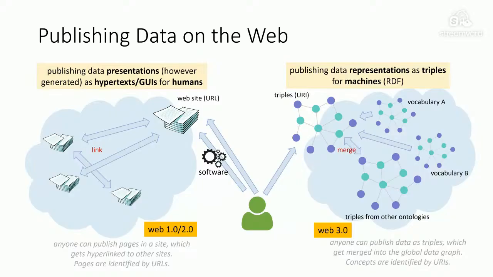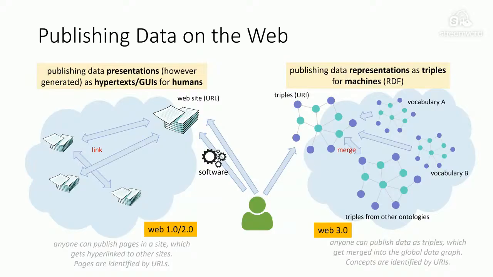We no longer rely on a myriad of separate databases. There is a web infrastructure providing a universal model so that data can be consumed directly. And the model behind triples is known as RDF, that is Resource Description Framework. With it, any data published gets merged into the global data graph. So we no longer have to painfully extract the data from hypertext designed for humans using a traditional search engine.